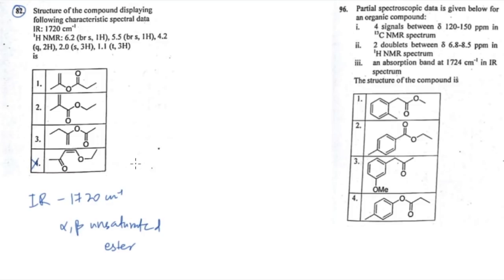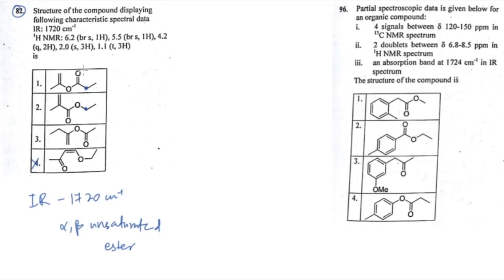Now you just have to look at the number of proton signals, and relative to that you can easily tell, right? Just look at the splitting pattern and you will get the answer.